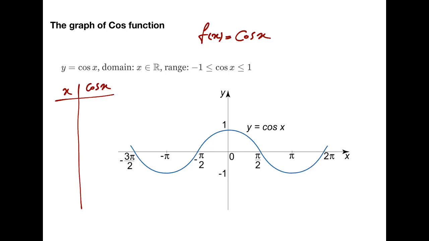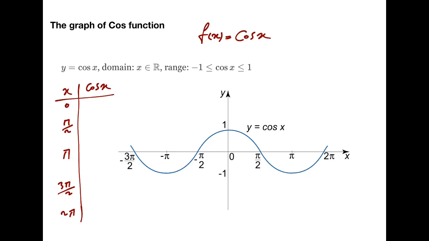I'm going to stick to the very special angles, which are 0, and then pi half, and then pi, and then, sorry, after pi we have 3 pi over 2, and then we have 2 pi.